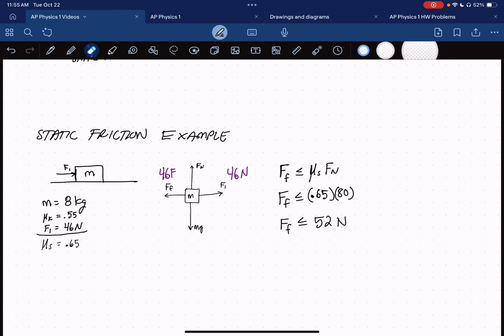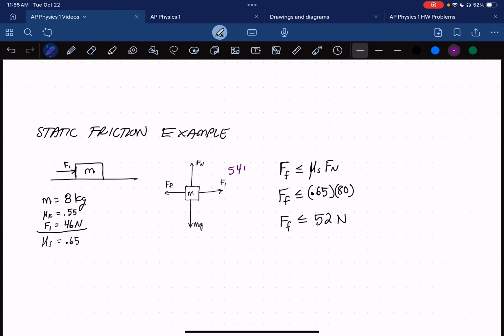So let's forget this. What if we push with 54 newtons of force? What this equation tells us is that the static friction is less than or equal to 52. It can't exceed 52. So what's going to happen is 54 exceeds this amount, and so this thing is going to start to move.